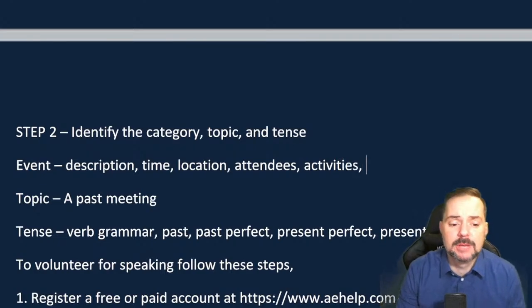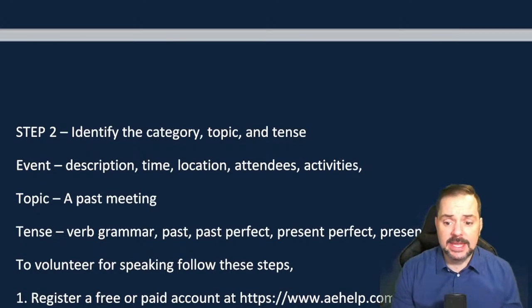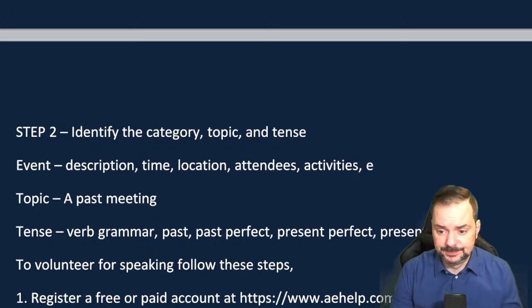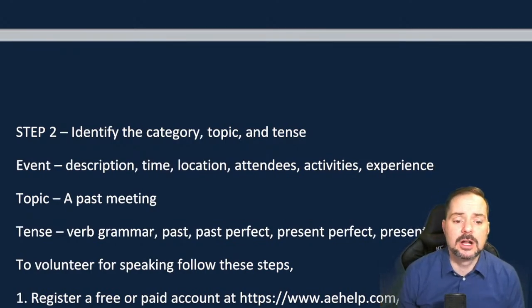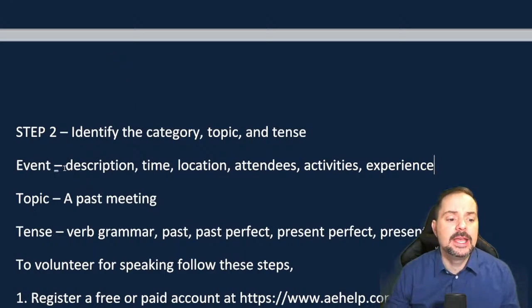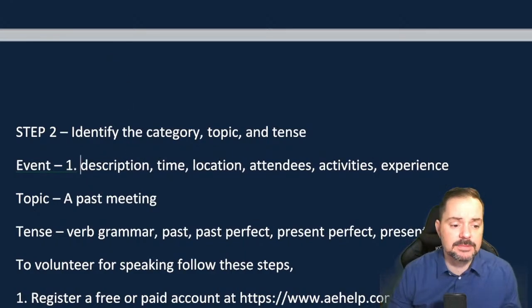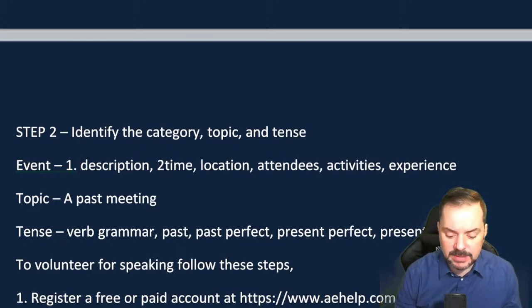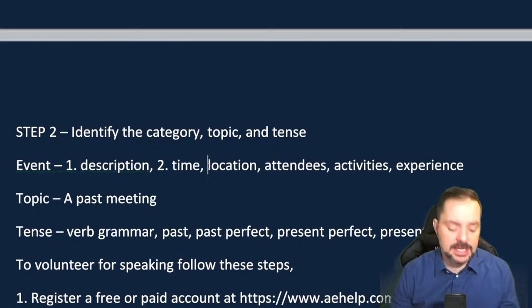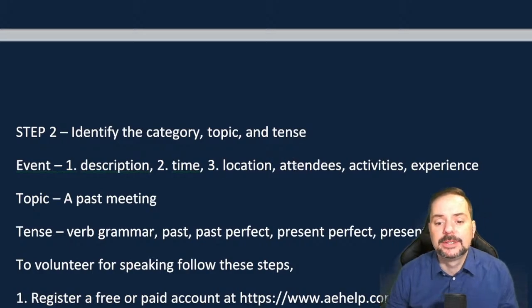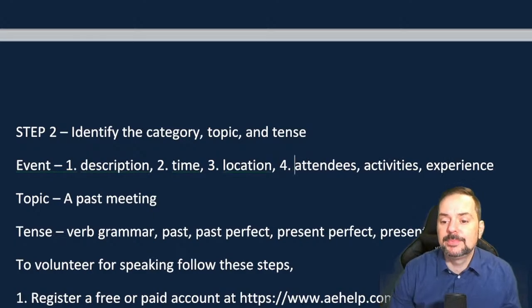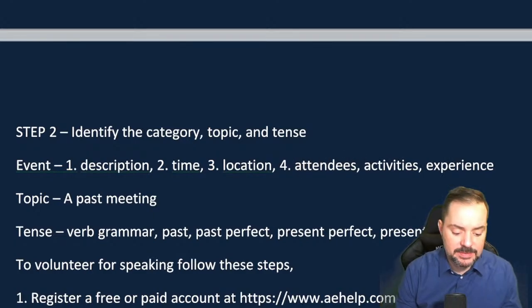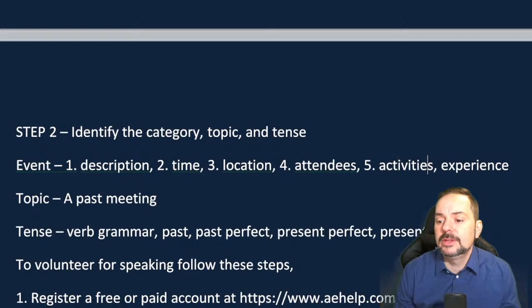This is where all your verbs come into play. And then your experience. Was it good? Was it bad? Was it fun? Was it interesting? That's what you need to talk about. And you should talk about it in this way. First, explain what it is. Then explain when it happened. Next, explain where it happened. Of course, we need to know who was there, and what everybody did. And then how did you feel about it?